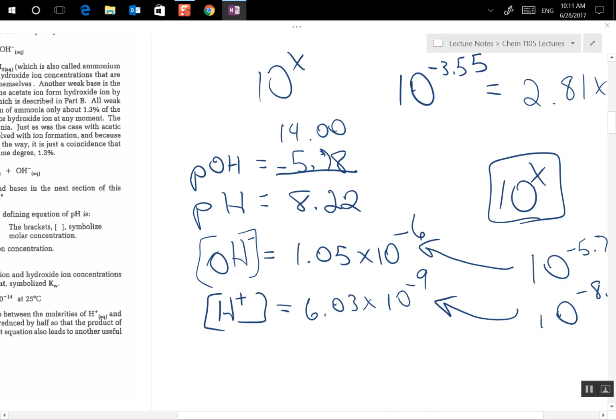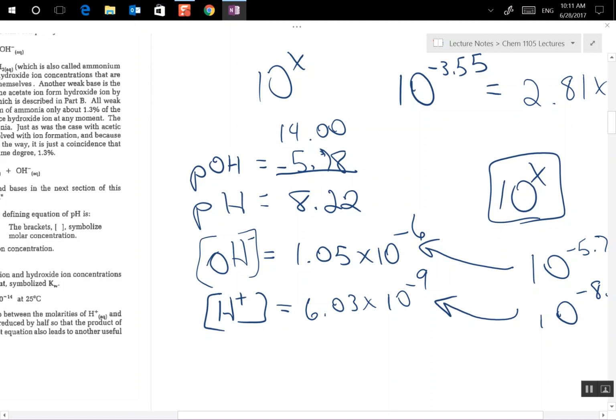So pH paper is a strip of paper that, if you put it into an acid or a base solution, changes color. And the color change depends on the pH of that solution.